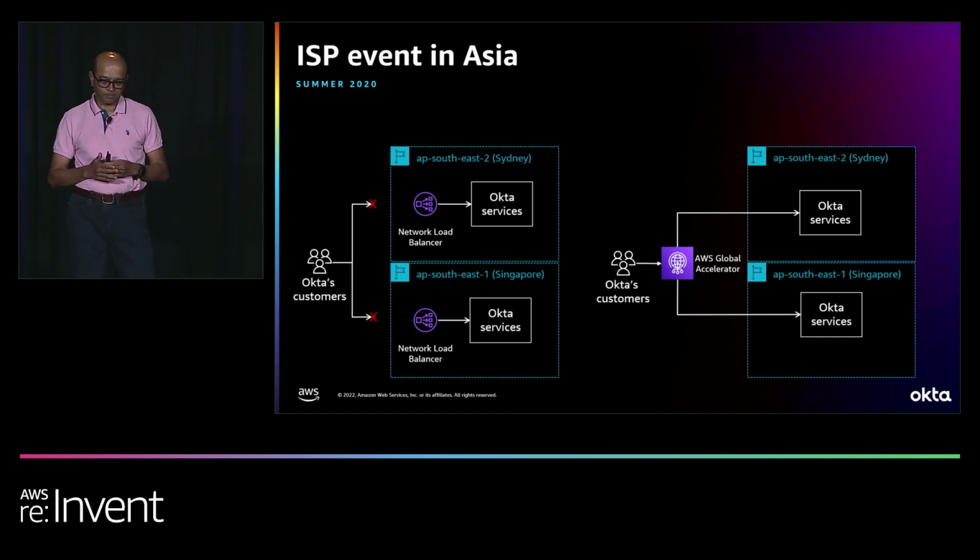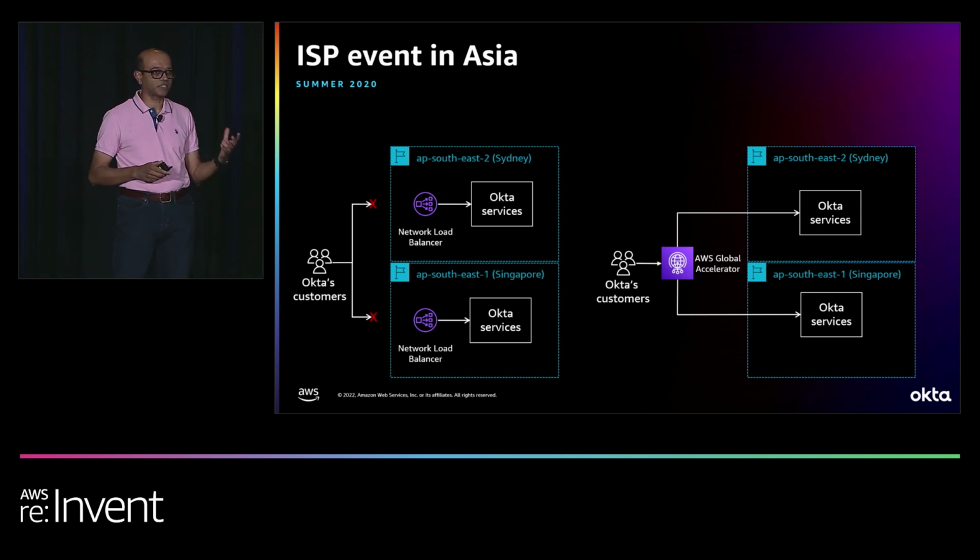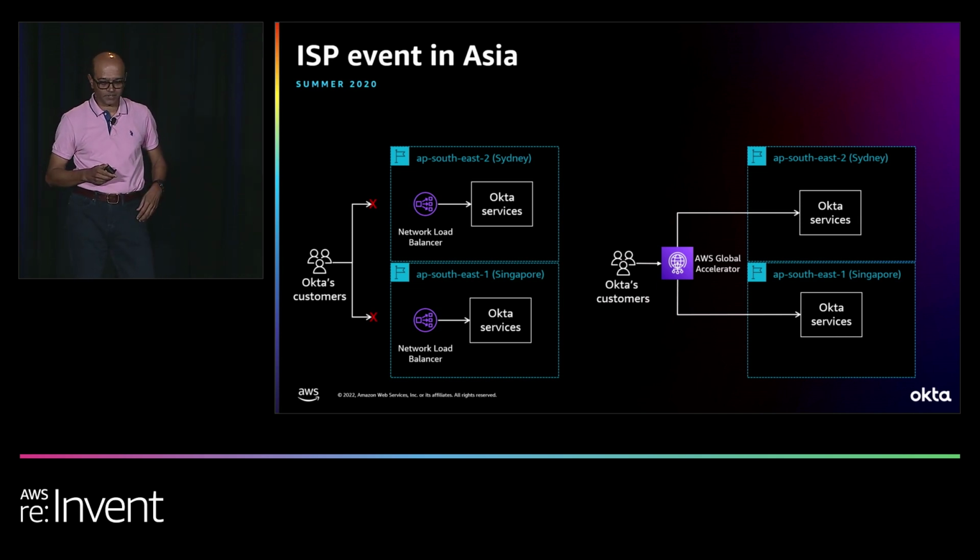During the incident, the deployment in the secondary region was also affected. So the Okta team spun up a Global Accelerator endpoint, and they were able to register services and restore availability of the service. As a result, the synthetics returned to the healthy state.